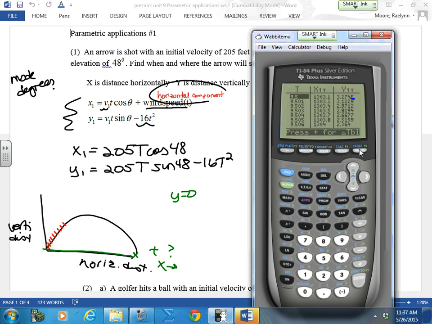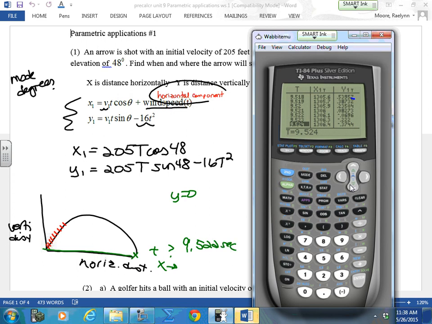Now I go to my table, and I'm going to watch my y till it gets the closest to 0. This isn't too far away, so it's not so bad. Right there. See it? At 9.521 seconds, it was still above the ground. At 9.522 seconds, I hit the ground. So my time is 9.522 seconds.